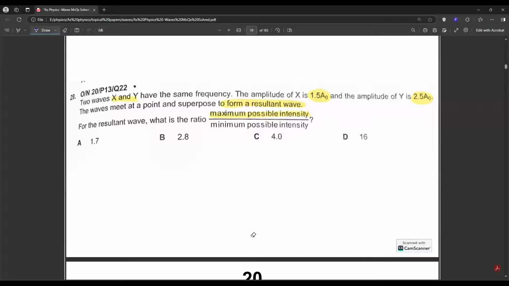The amplitudes should add up. 1.5 a naught plus 2.5 a naught gives you a total value of 4 a naught. If your amplitude is 4 a naught, what will be your intensity? We have studied that intensity is directly proportional to amplitude squared. If your amplitude is 4 a naught, your intensity will be 16I.